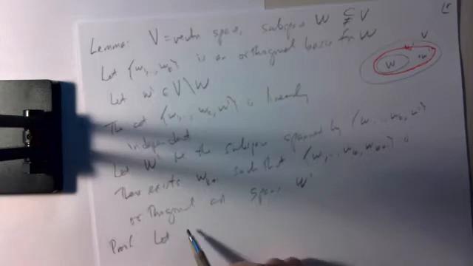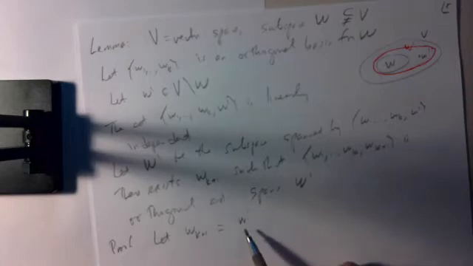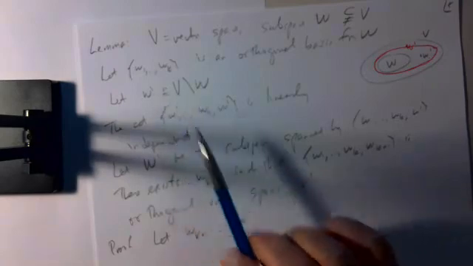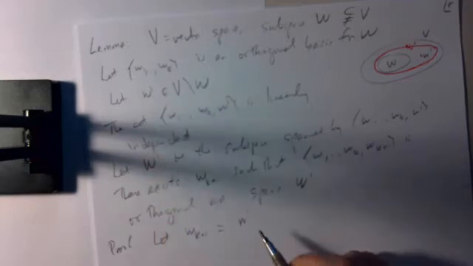And the proof is the following. We have W k plus 1 equal to, so I want it to be perpendicular to each of these k vectors. So I subtract the component of W prime along each of these vectors.